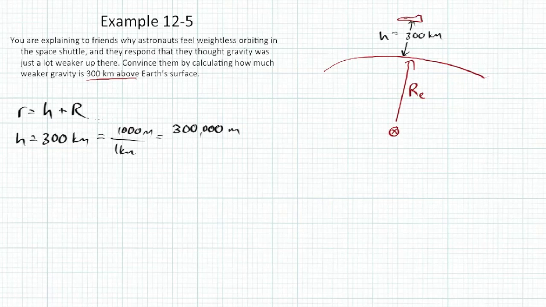Okay, so we want to find how much acceleration of gravity there actually is. Well, we have an equation for that, which we derived just in the last section. The acceleration of gravity, g. Now, it's not g at the Earth's surface, it's going to be g at this height above the Earth's surface.